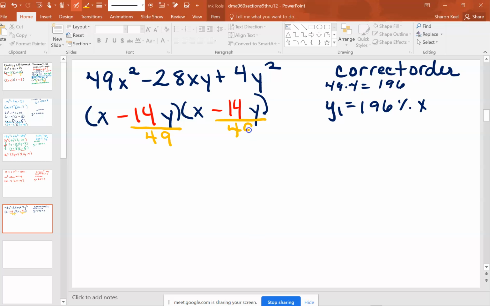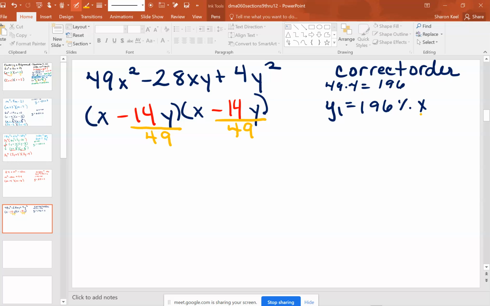Do you see how if you don't write it at the beginning before you start keying in on the calculator, I could get here and go, oh, I'm done, and think x minus 14y is my final answer. It's not. I had a moment with my brain. I was too busy focusing on explaining the concept with the x's and y's that I overlooked that. Always remember, if there's an a, go ahead and put it here before you type it in.